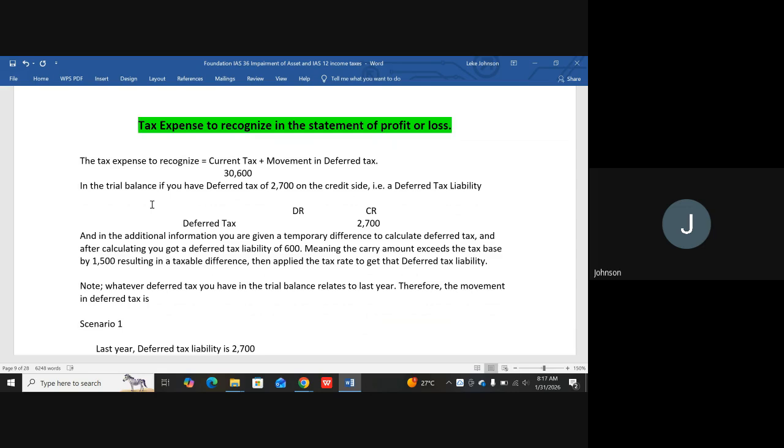To get your current tax, can somebody tell me how do you get your current tax? Hello, you're on the call. You understand current tax? You understand what I've been saying? Explain to me, how do we get current taxes? Who can explain? Who wants to try?